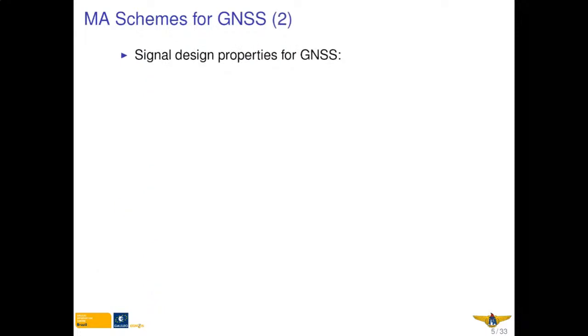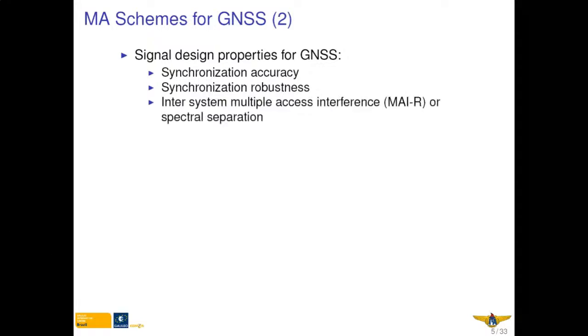Signal design properties for GNSS are synchronization accuracy, which means the capability of estimating time delay, Doppler, and carrier phase in order to calculate pseudo range and then position. The robustness of this synchronization and time and parameter estimation. Inter-system multiple access interference, MIR, or spectral separation, so interference between different GNSS.